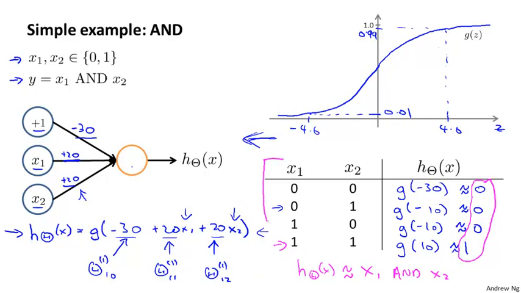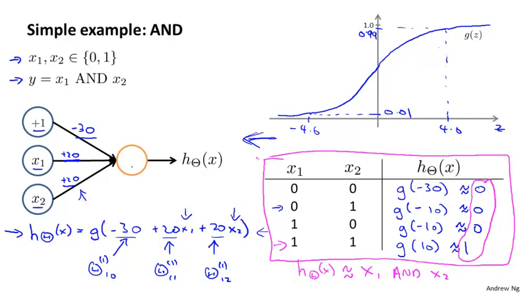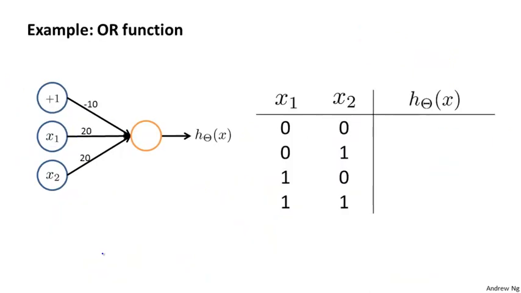So by writing out our little truth table like this, we managed to figure out what logical function our little neural network computes. This network shown here computes the OR function.